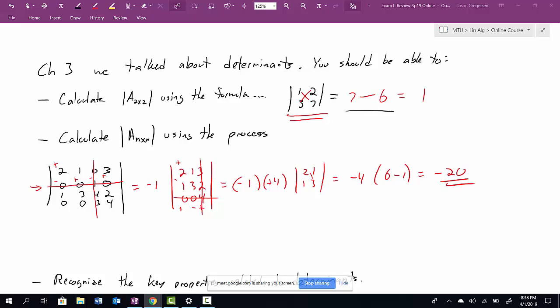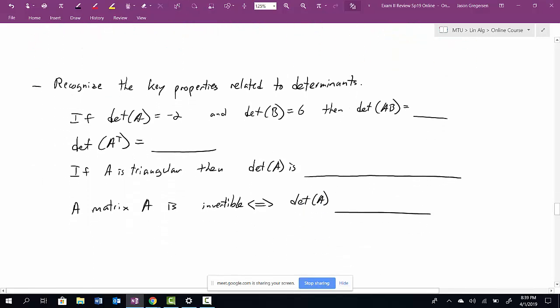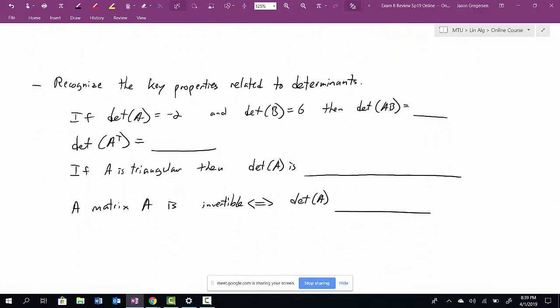All right. Other things we learned about for determinants were a bunch of properties. I had a bunch of core properties with determinants. One example would be if the determinant of A is negative 2 and the determinant of B is equal to 6, what's the determinant of A times B? Online crew, want to hit the chat box there?